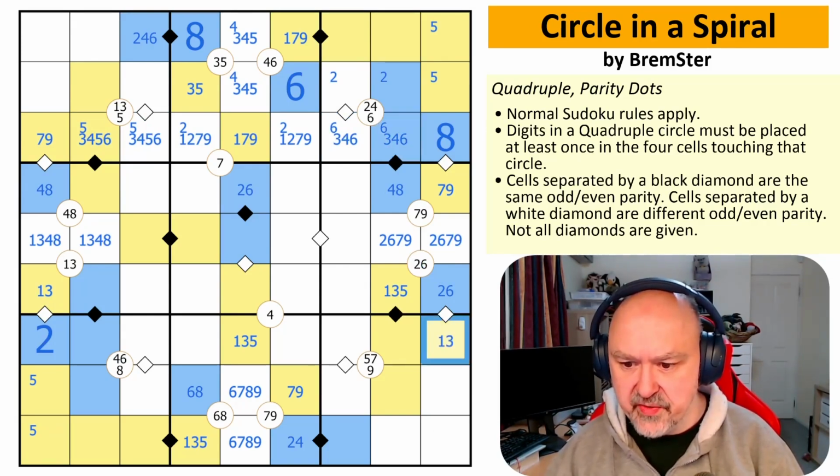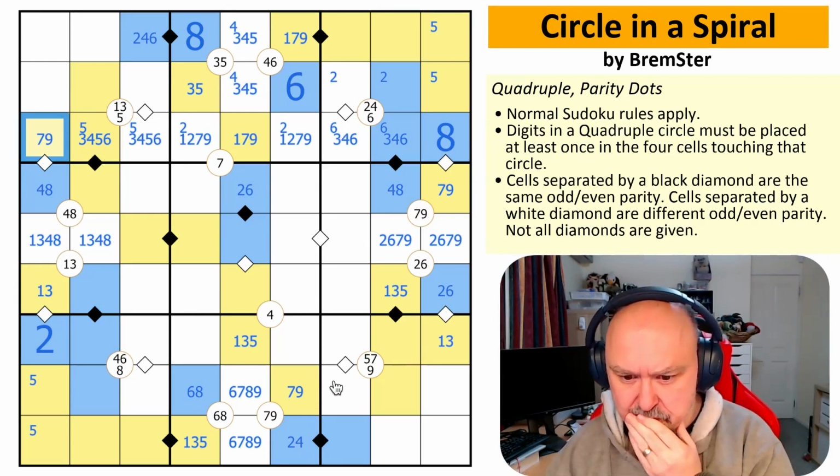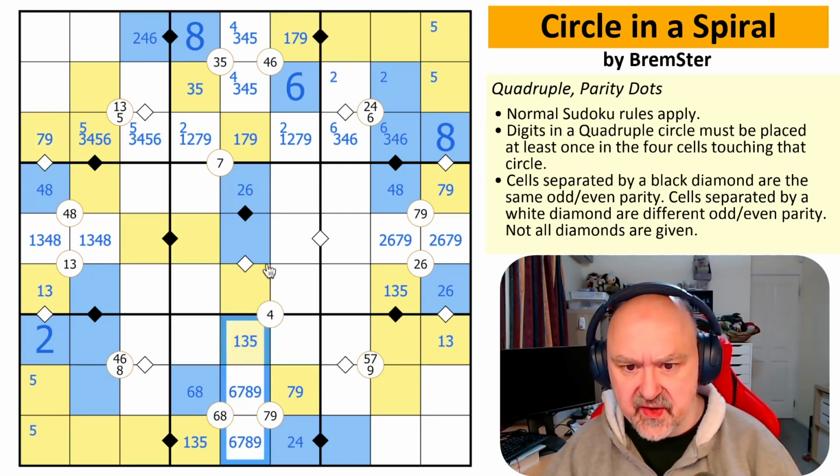This is 1 and 3 because 5, 7, and 9 go in here. This was 7 and 9. And I've got similar. So, interesting. 2 can't be in here or in here.